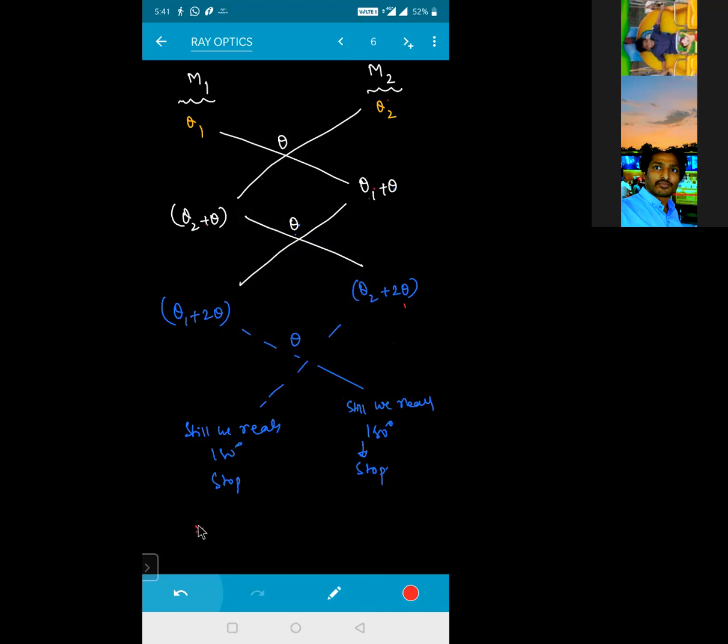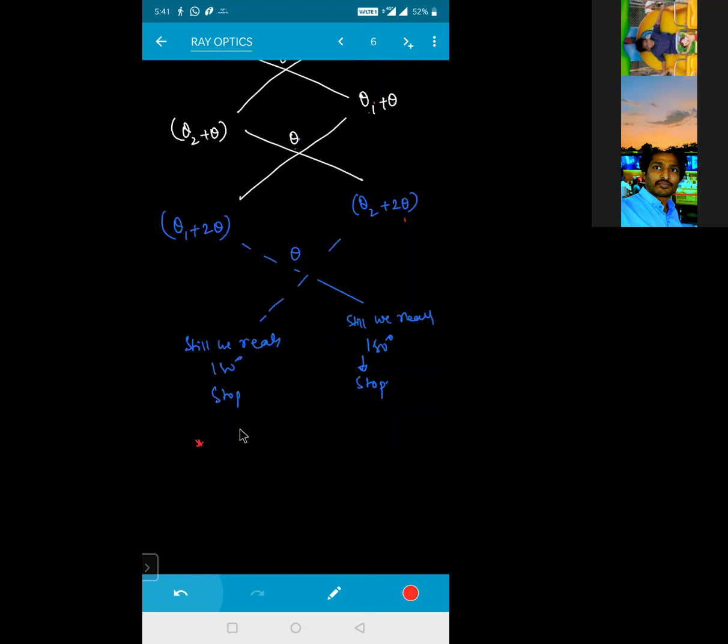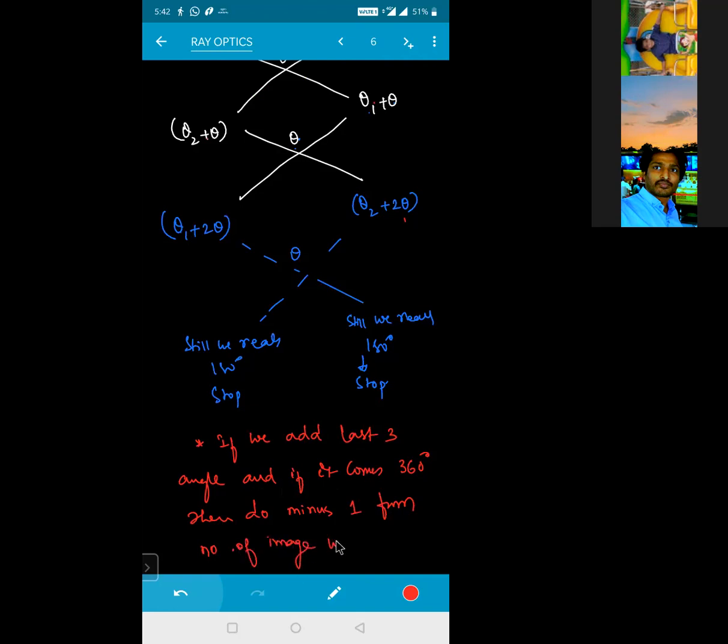And one more rule. If the last 3 angles are coinciding, I will tell you in the problem also. If we add the last 3 angles and it comes to 360 degrees, then do minus 1 from the number of images we got.